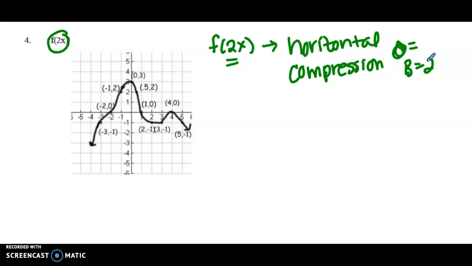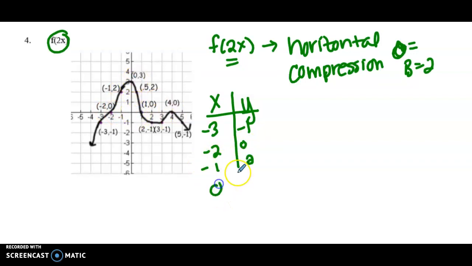Now I suggest for some of these to make a table and find the new points. So for example, let's make what the old table should be quickly, just with a few points, not all of them, and then you could do it with the rest. Here we'd have (-3, -1), (-2, 0), (-1, 2), (0, 3), and you could keep going.